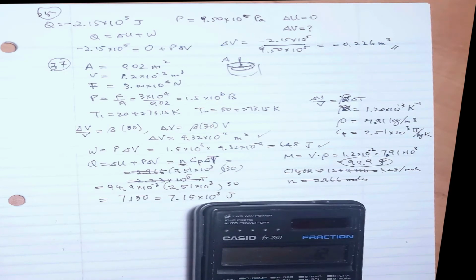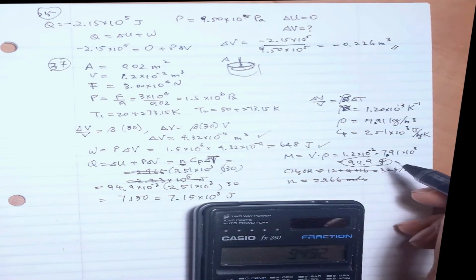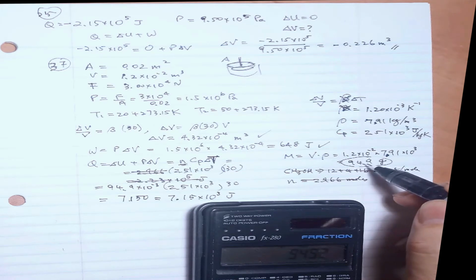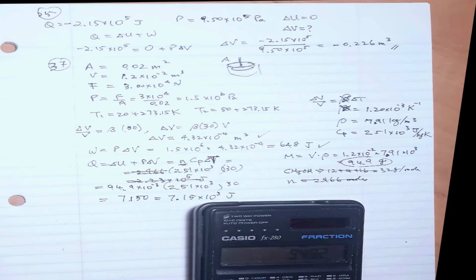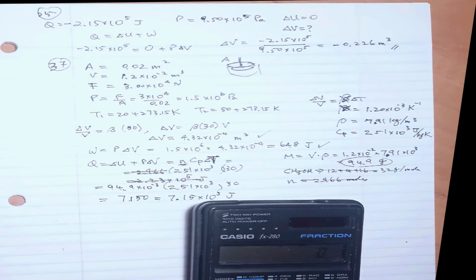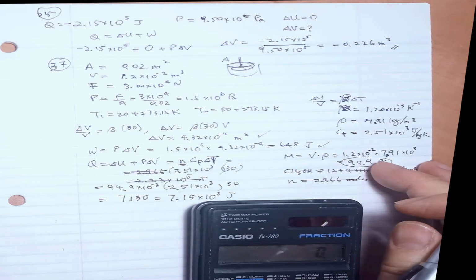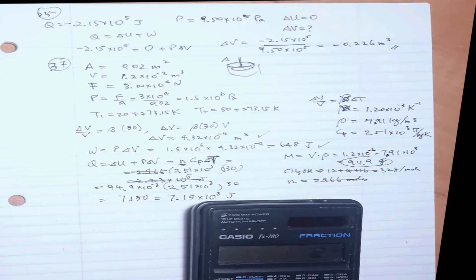So 1.2 times 10 to the negative 2 times 791 kilo.